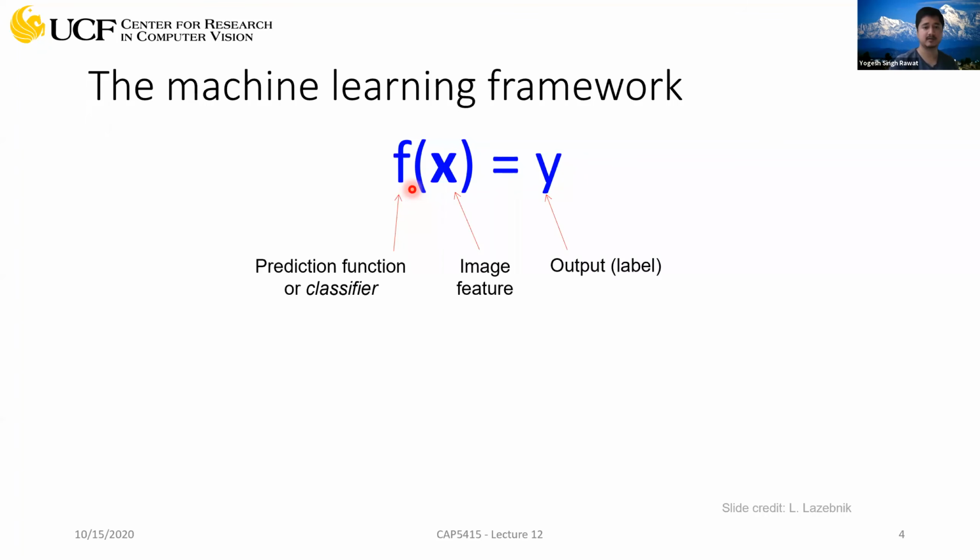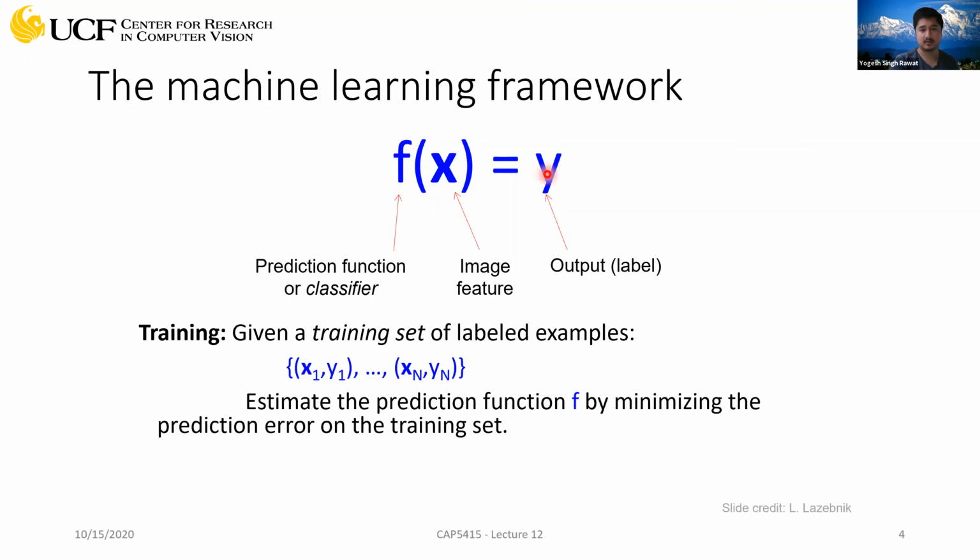But the overall idea will be the same. You need a function where you will send in either your images or your image features to make the prediction. Most of the time, you will have a set of training samples which you call your training data, for which you need your annotations. For each sample, you should know which class the sample belongs to. In the case of nearest neighbor, you don't actually train the network.